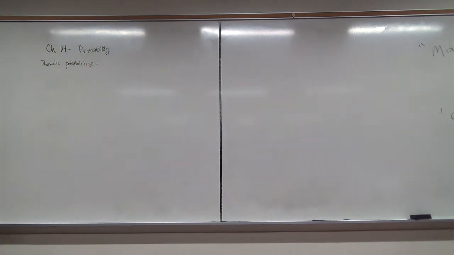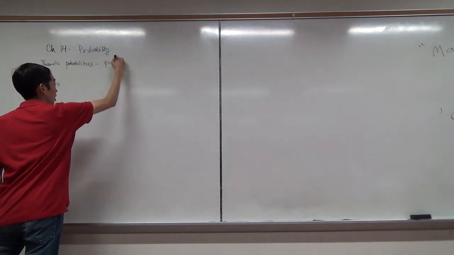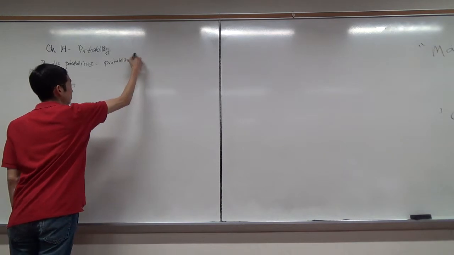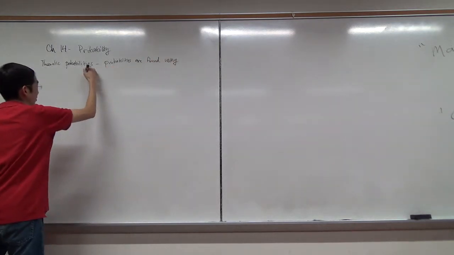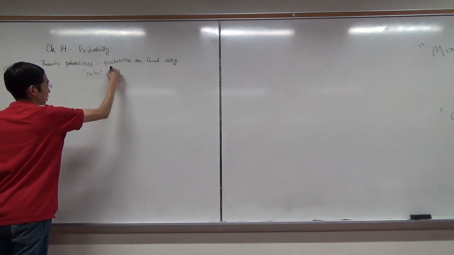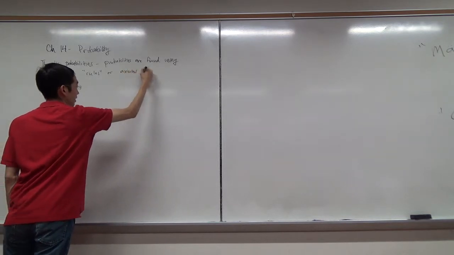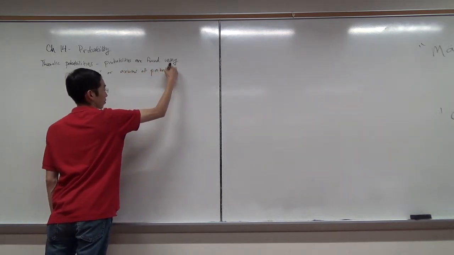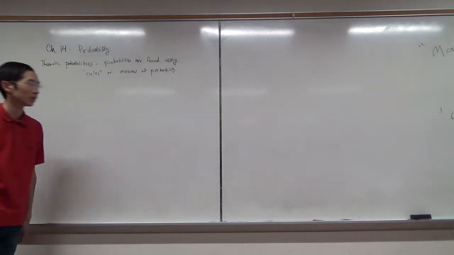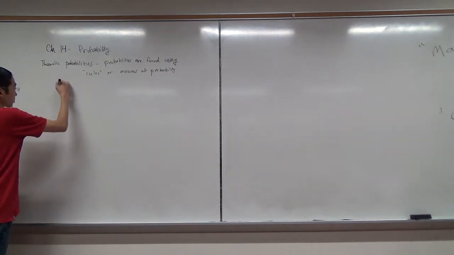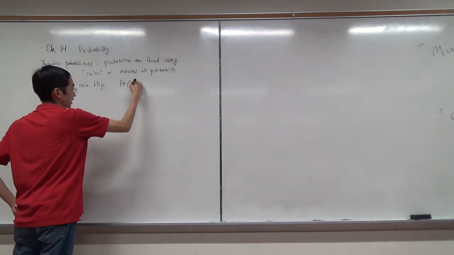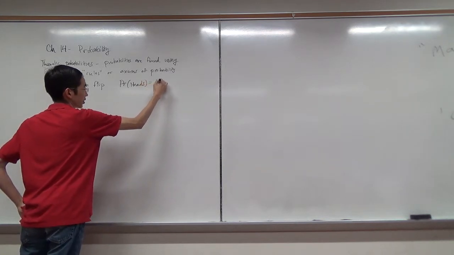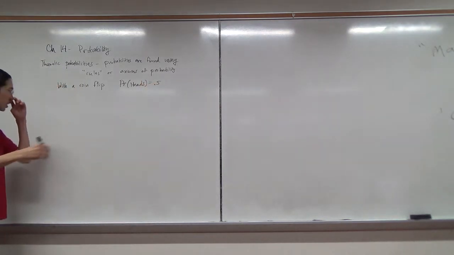Theoretic probabilities are probabilities that we calculate using rules or axioms of probability. So, for example, with a coin flip, the probability that the coin lands heads is equal to 0.5. This is a theoretic probability.